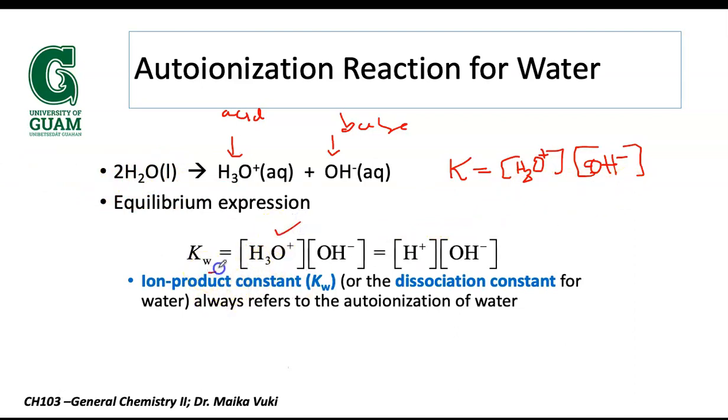We call that Kw. The subscript W is for water. That is the ionization product of water. So notice that the ion product of water is Kw, and it's a constant, and you'll see the value given in there. Just before we move on, you can see that you can write it in the abbreviated sense. Without this as a full hydronium, you can just write it as hydrogen ion.